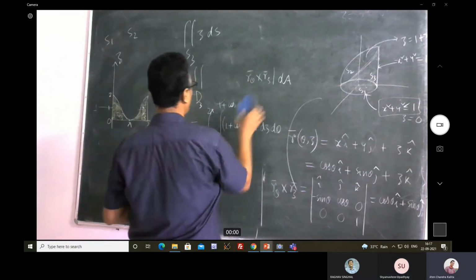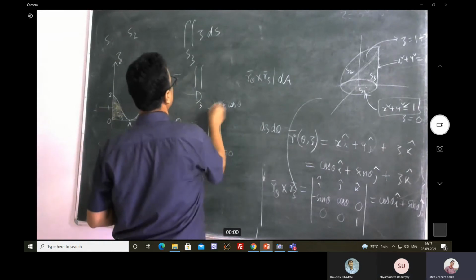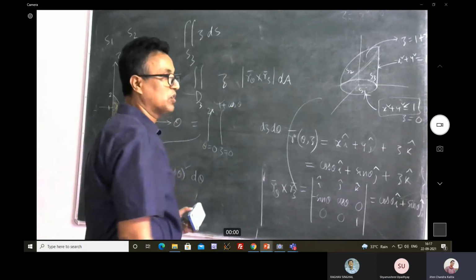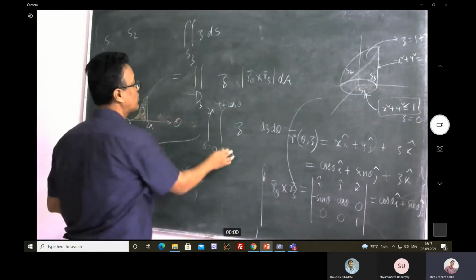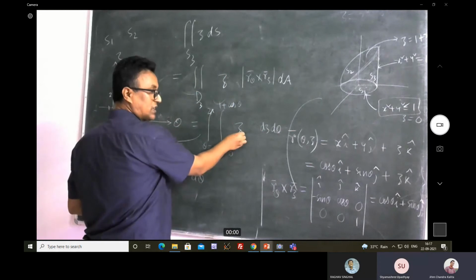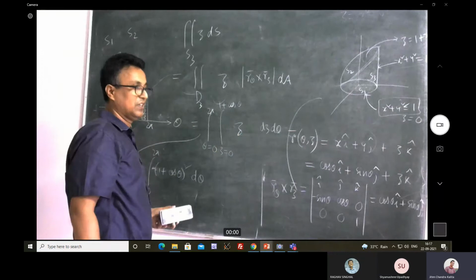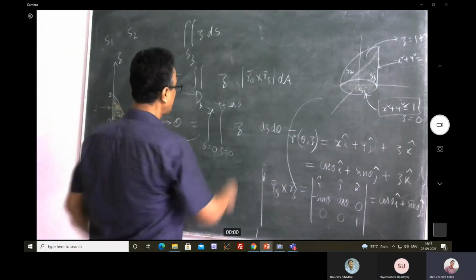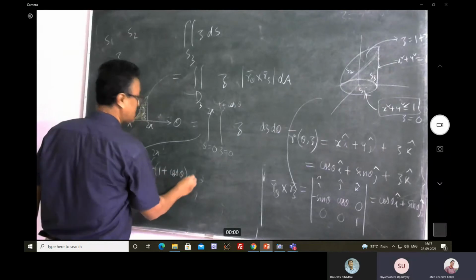No, this I should not do. This z is z now. So simply z, I don't have to convert z into that, because this is z dz, right? I'm not going to convert it, because this is the limit for z only. This is the mistake I have done. So this is simply going to be 1 plus cos theta.